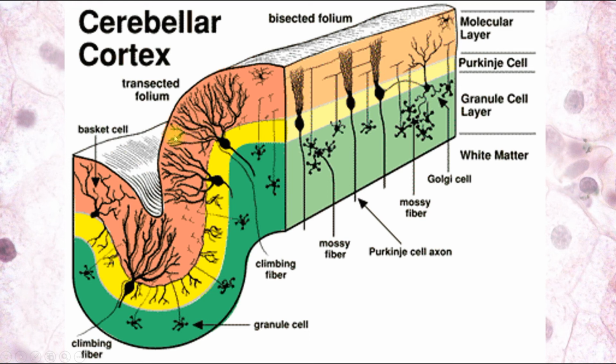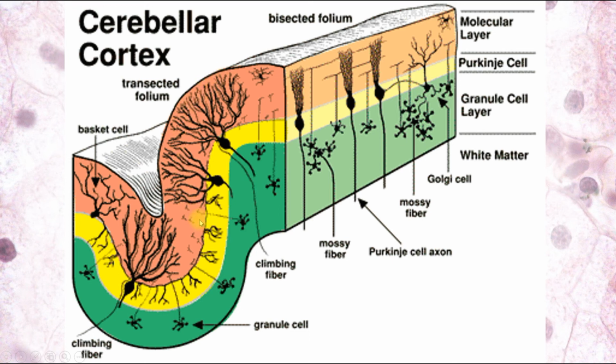And look here how branched the dendritic tree of Purkinje cells is. Their branches go to the molecular layer, and they are branched in one plane. So in different sections they may have different appearance according to the plane of the section.